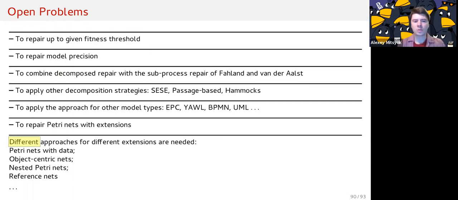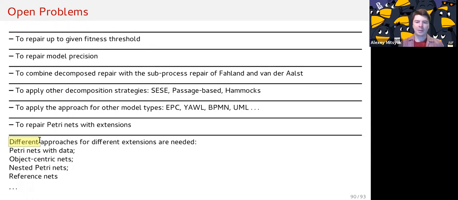I would stress that the most important thing here is that all these repair methods are based on conformance checking methods. You can see that our modular idea of patching is based on decomposed conformance checking. The repair which adds subprocesses is also based on alignment-based conformance checking.